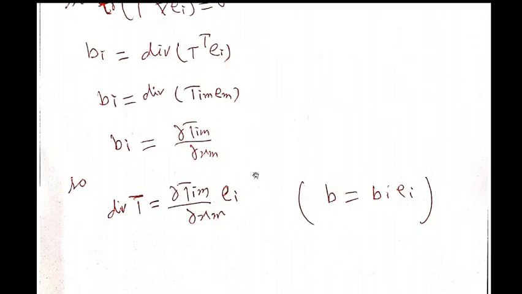This is the vector divergence of T. The divergence of a vector V is a scalar, partial Vm partial xm. T is a tensor, and the divergence of T is a vector with three components B1, B2 and B3.